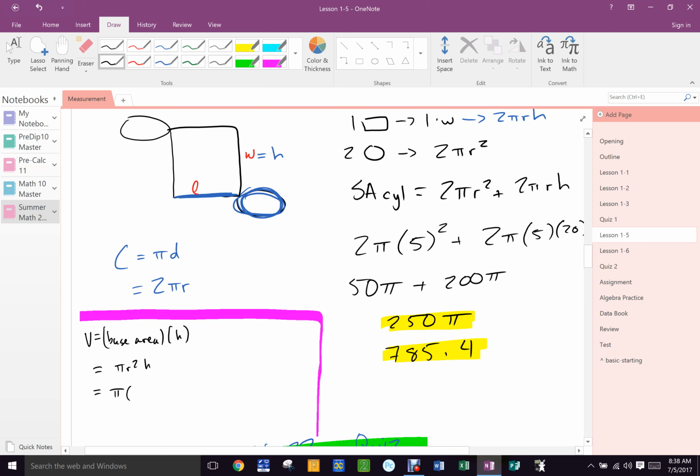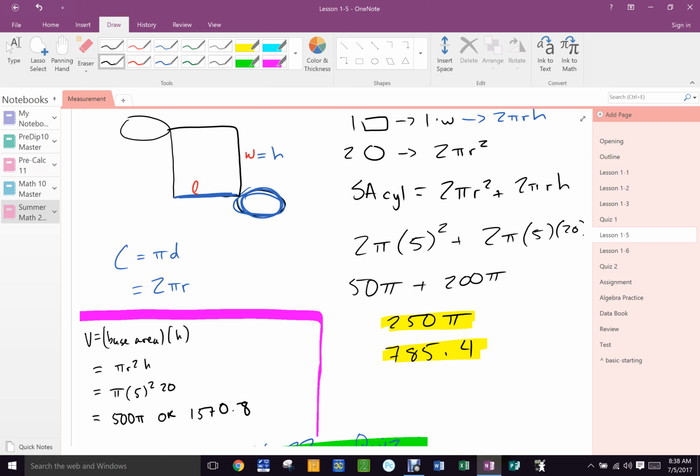Our r was 5 squared, and our height was 20. So it's 500 pi, or 1570.8. Is everybody cool with volume?